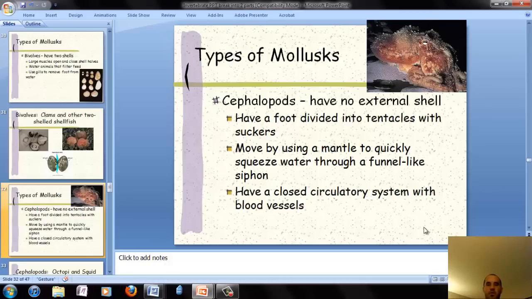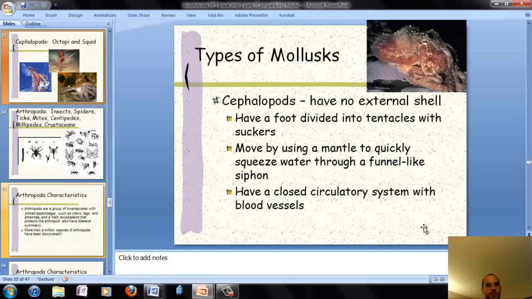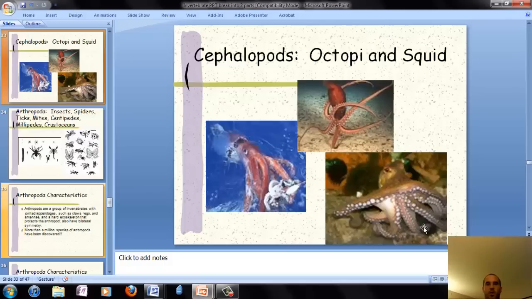They can move by using the mantle to quickly squeeze water and use it as jet propulsion to shoot through the water. They have a closed circulatory system with blood vessels, so their circulatory system is a little bit more complex than our simpler mollusks. Okay, so here are some pictures of some squid and some octopus.